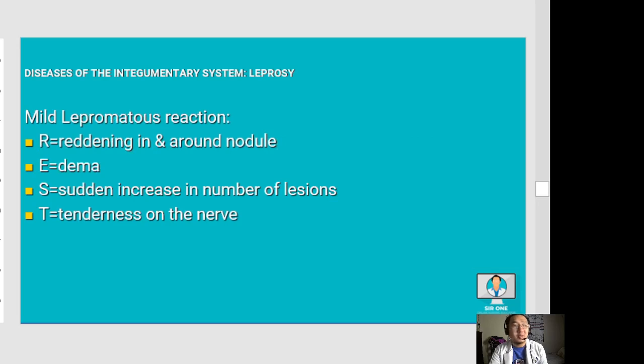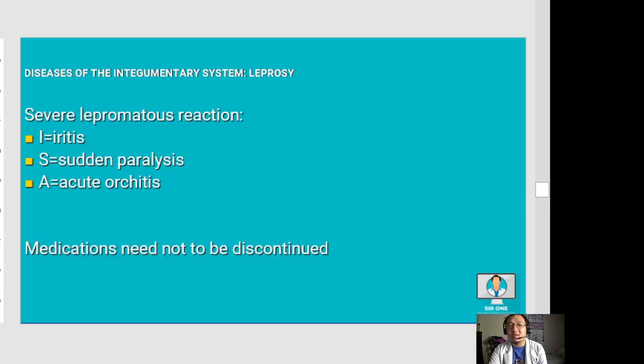Some reactions when on therapy, mild erythematous reactions, reddening in and around the nodules or the skin, edema, sudden increase in number of lesions, tenderness on the nerves, and your severe erythematous reaction, iritis, sudden paralysis, acute orchitis.